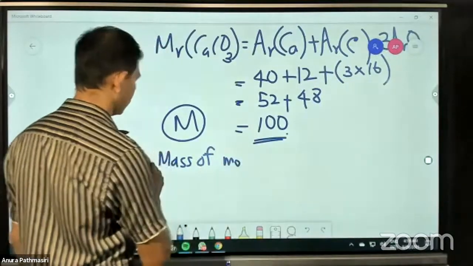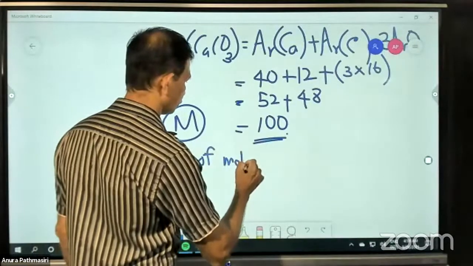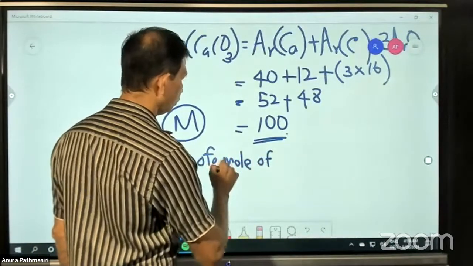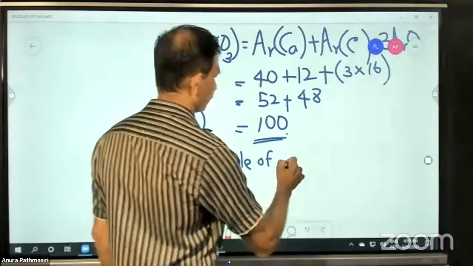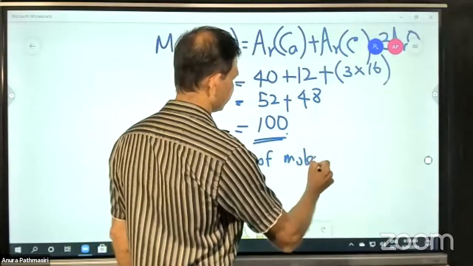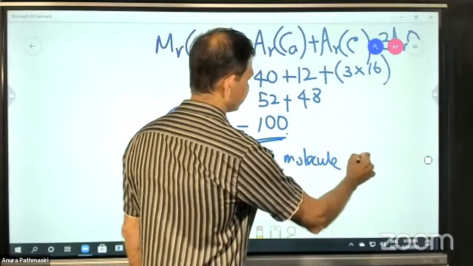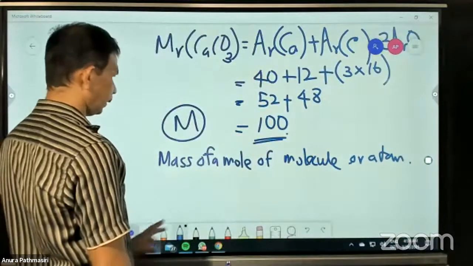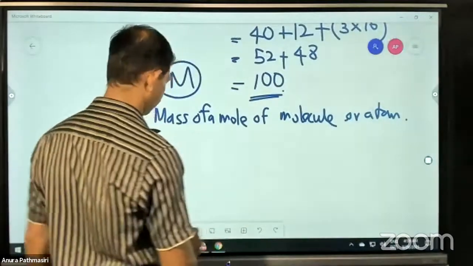The mass of 1 mole of molecule, right? So that value is equal.